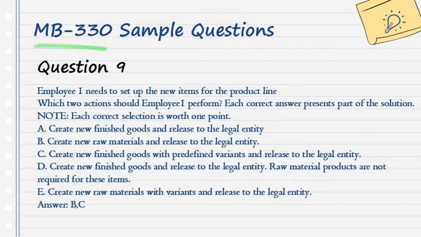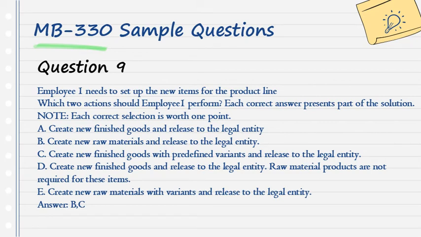Question 9. Employee 1 needs to set up the new items for the product line. Which two actions should Employee 1 perform? Each correct answer presents part of the solution. Note: each correct selection is worth 1 point. A. Create new finished goods and release to the legal entity. B. Create new raw materials and release to the legal entity.